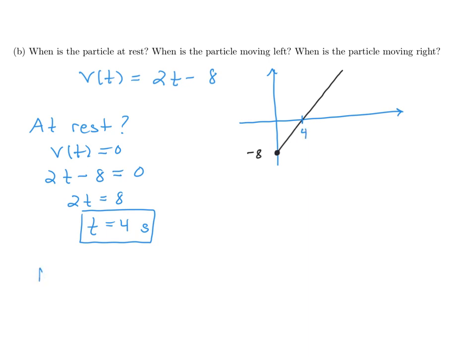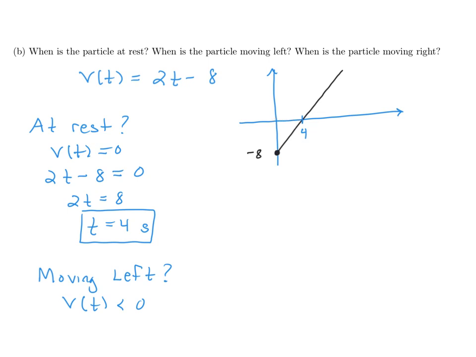Okay, what about moving left? When does this happen? This happens when the velocity is negative. So that is from 0 seconds and including 0 seconds up to and not including 4 seconds. So that's from here to here. Those, again, are values from 0 to 4.